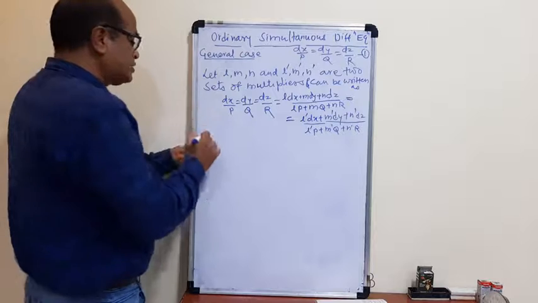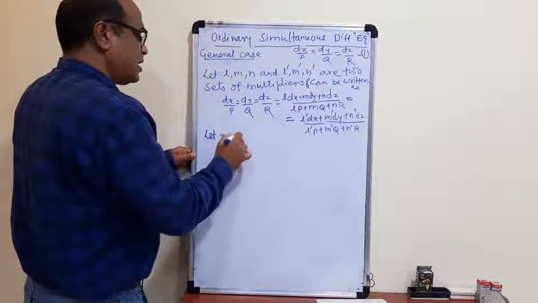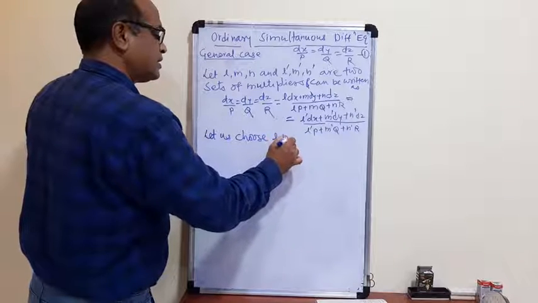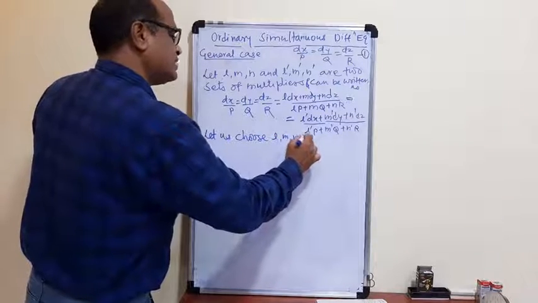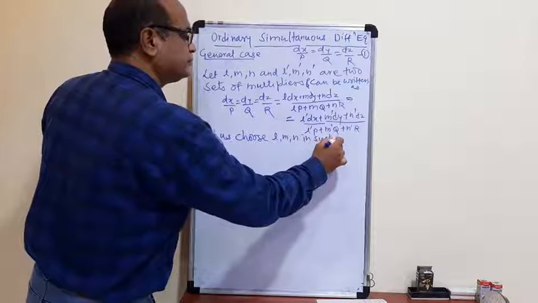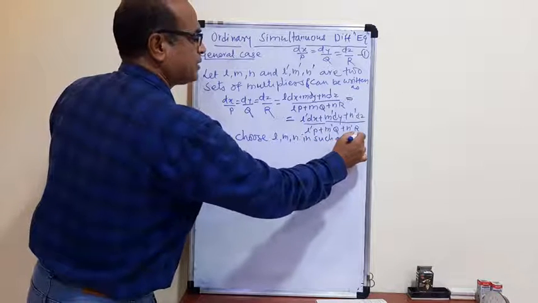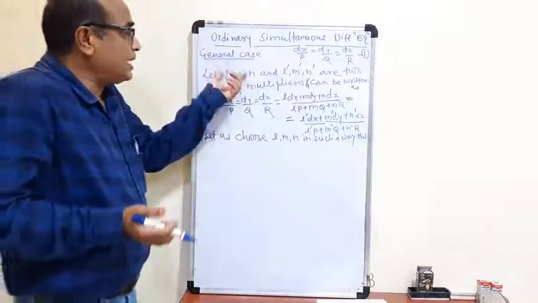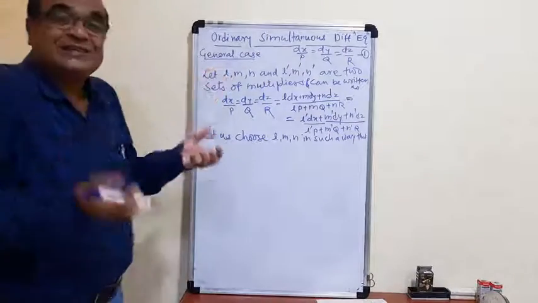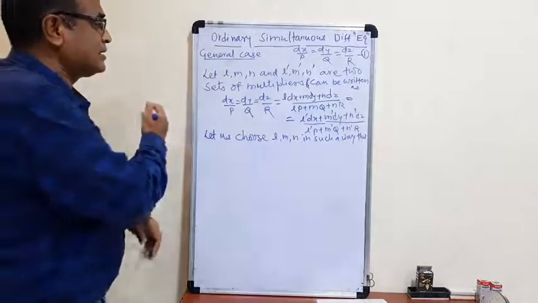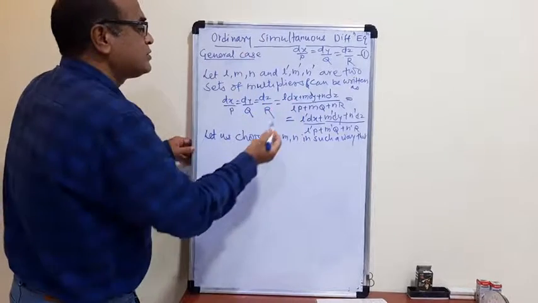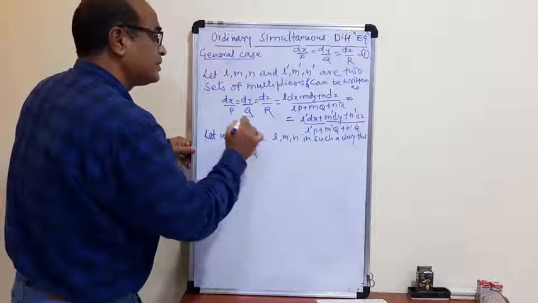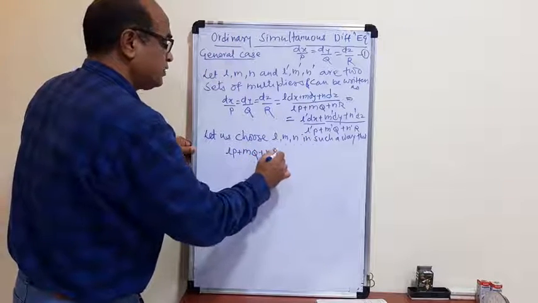So let us choose L, M, N in such a way that, since those multipliers are in our hand, Lp plus Mq plus Nr is equal to 0.